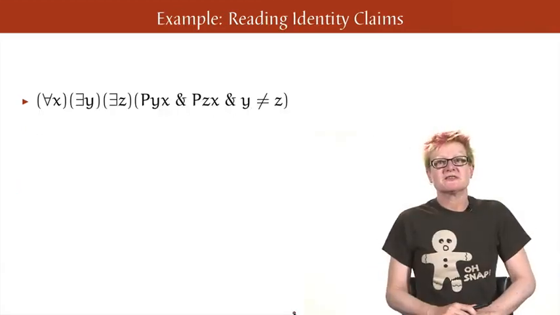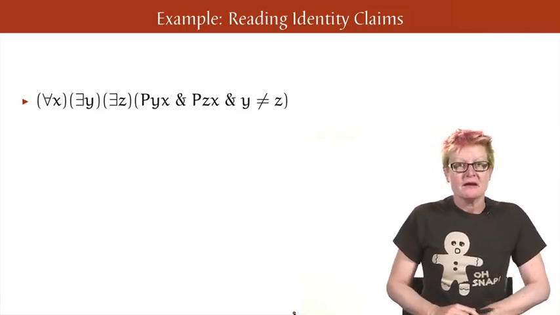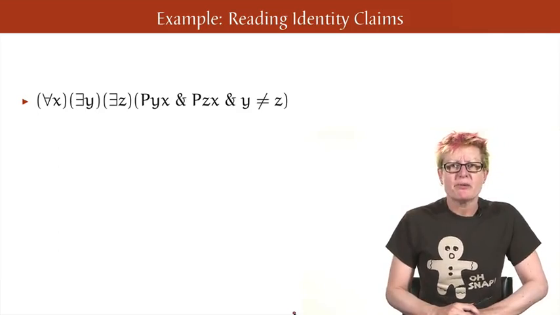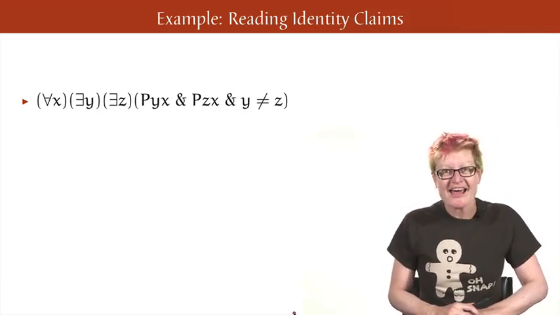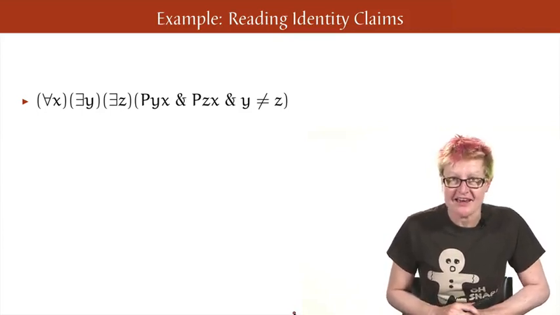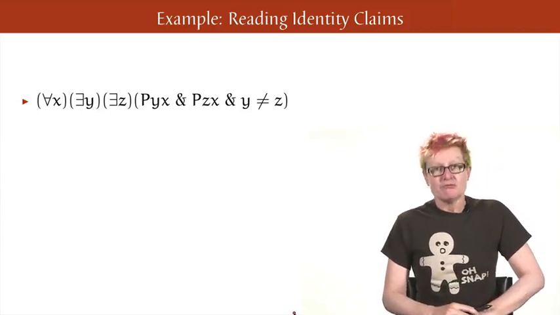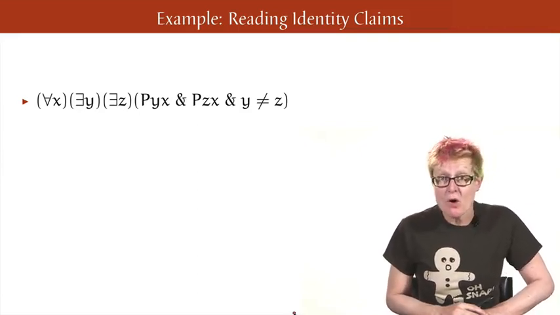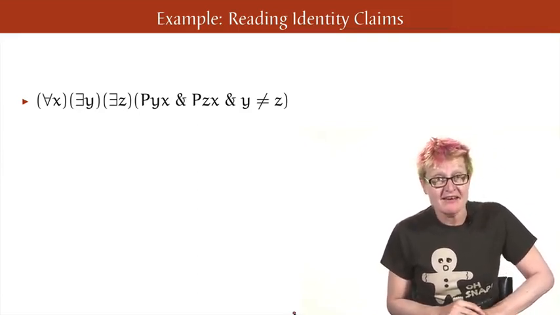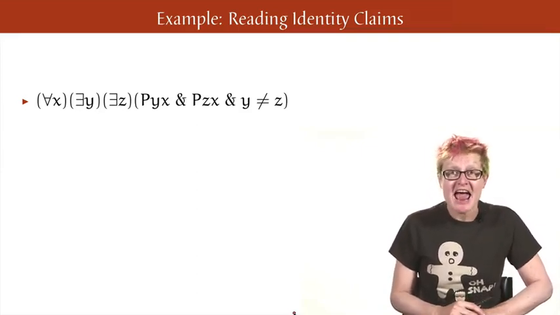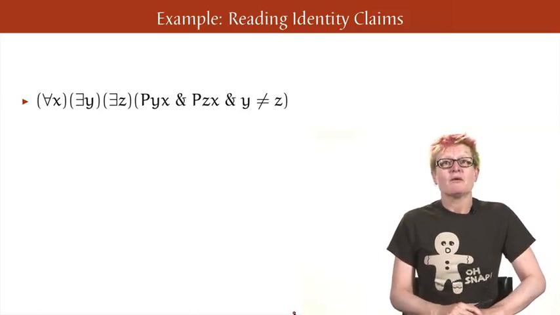For some examples, let's start with this one. To make the reading a bit more concrete, let's suppose the binary predicate P(Y,X) means Y is as poor as X. Then, reading the formula: for all X, there exists Y, there exists Z, P(Y,X) and P(Z,X), and Y is not identical to Z. What does that mean?